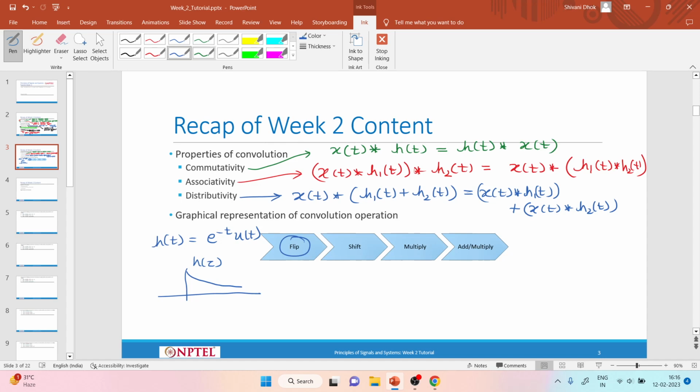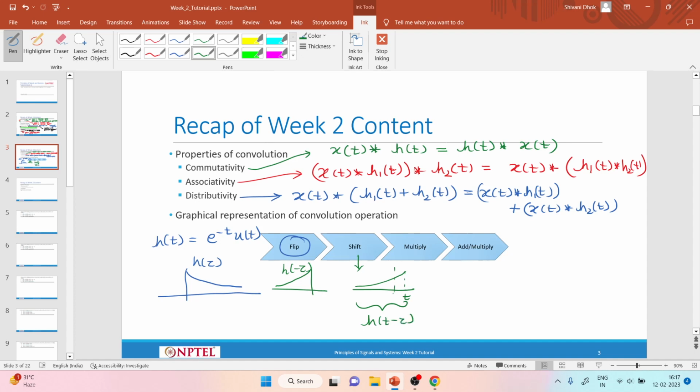First thing that we need to do is flip it, that is, first find h of minus tau. Then we need to shift it by a unit t, something like this, and then what we are getting here is h of t minus tau.